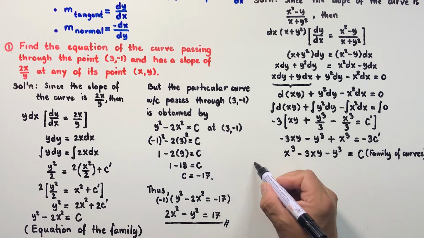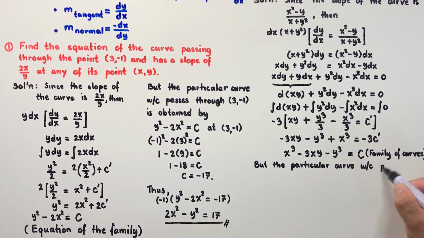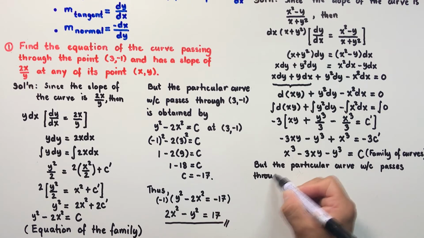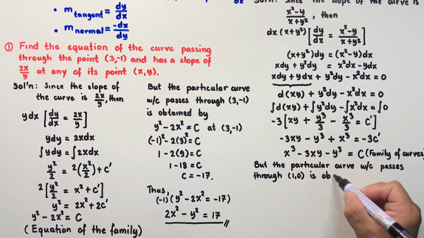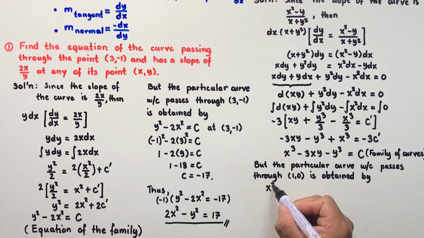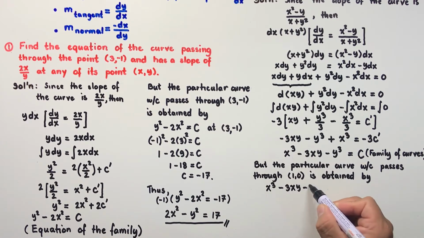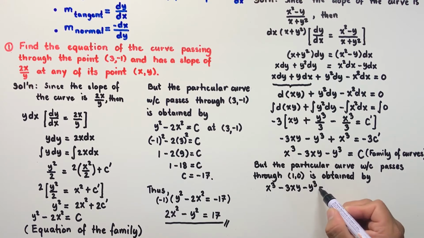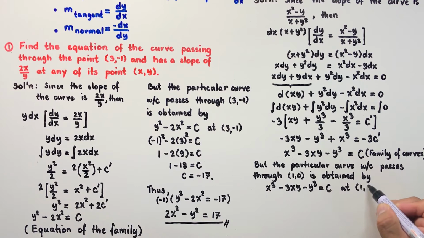But the particular curve which passes through the point (1, 0) is obtained by this equation, x cubed minus 3xy minus y cubed equals c, at the point (1, 0).